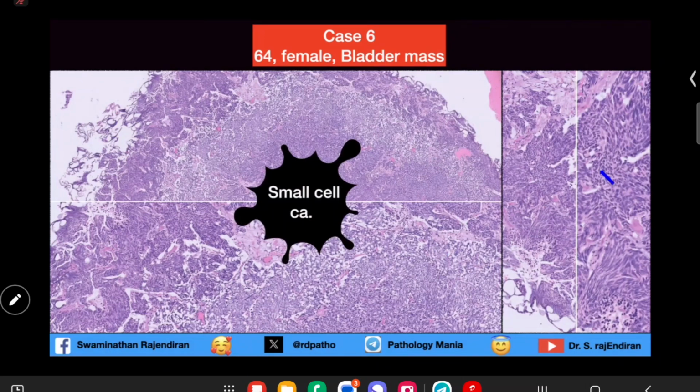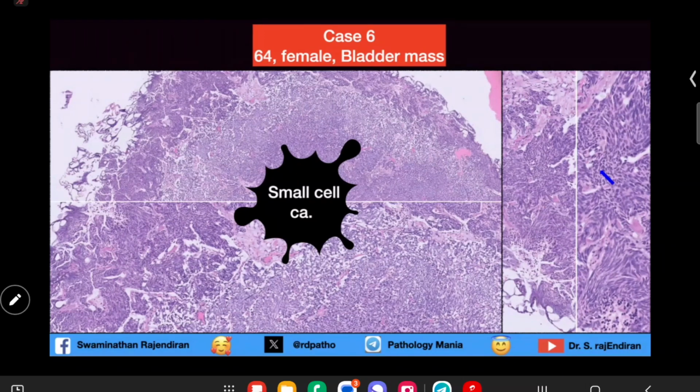Previously in the WHO classification, they used to include neuroendocrine, mesenchymal, melanocytic in the main classification of tumors, but now they have different chapters of neuroendocrine tumors, different chapters on mesenchymal tumors. They are not coming under the WHO classification of any organ.